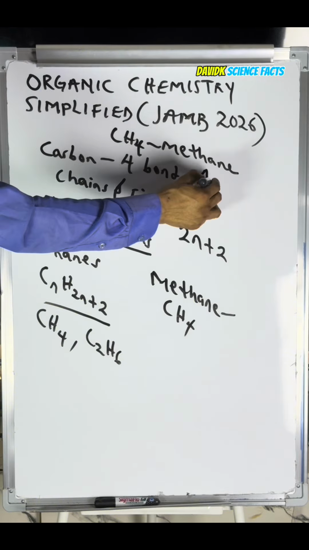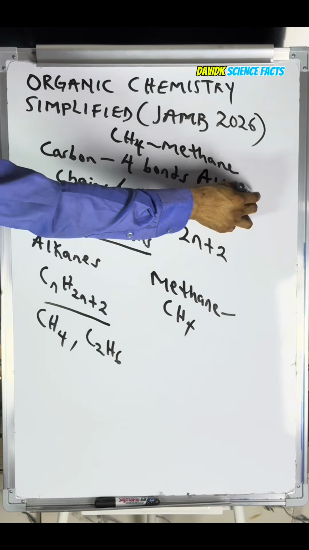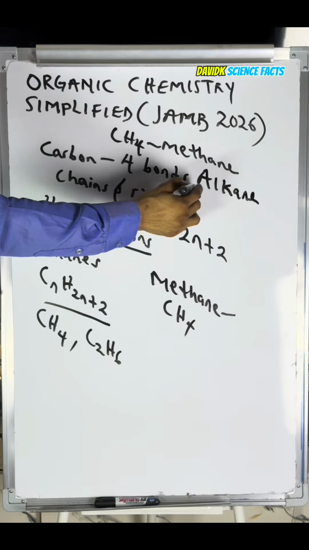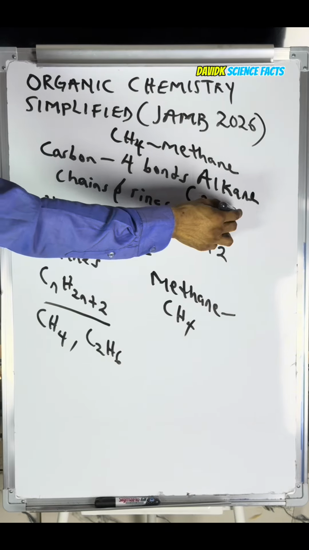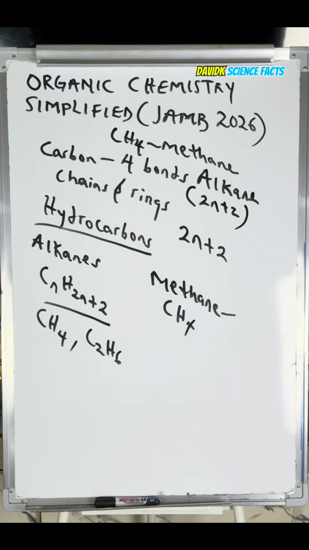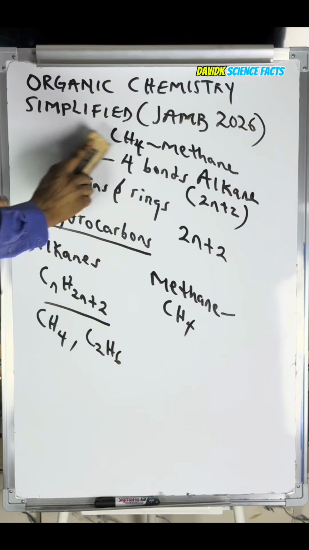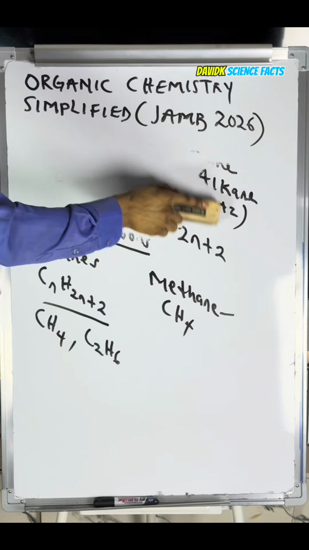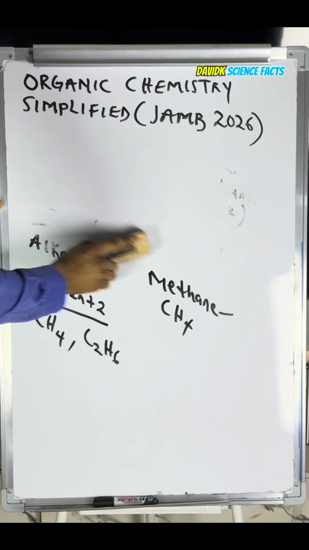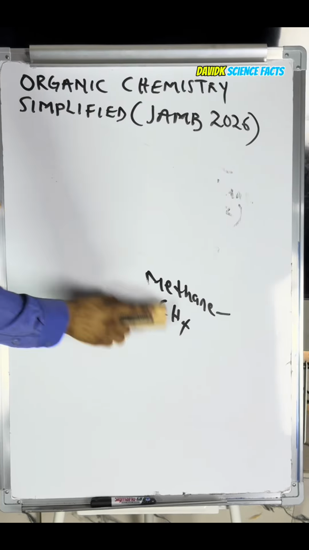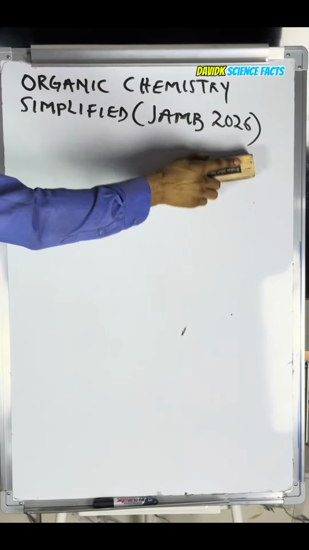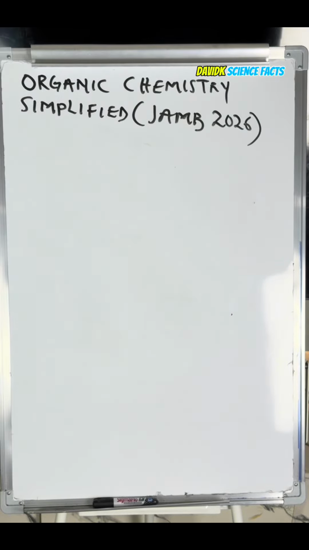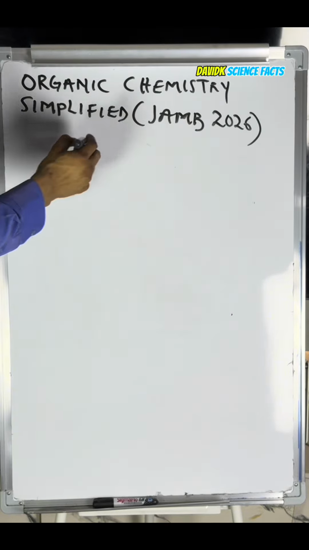It is also called an alkane, with the formula 2n+2. Now, let me give the structure. The structure is this.